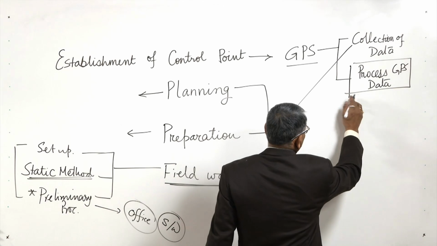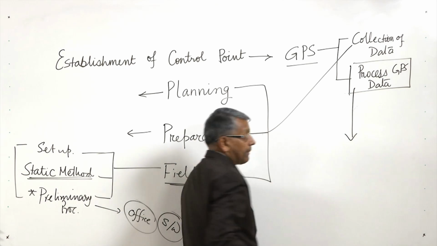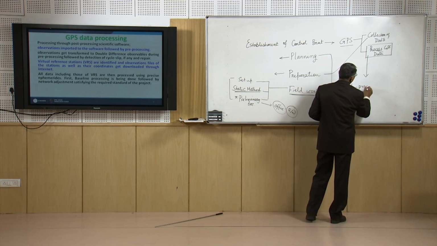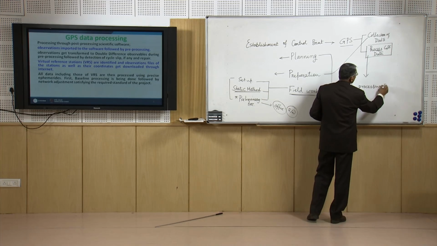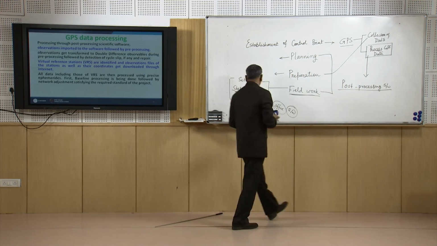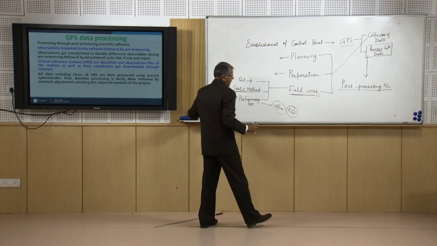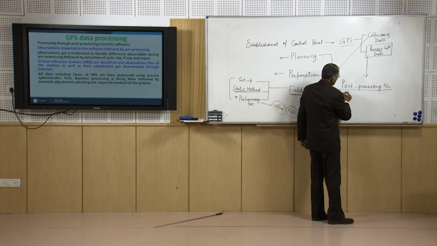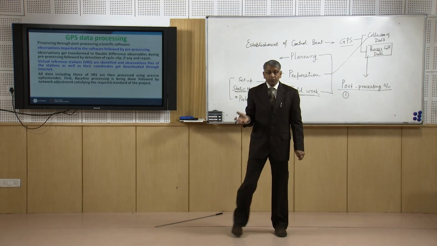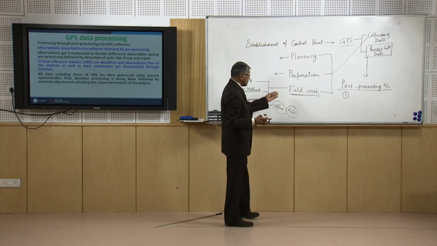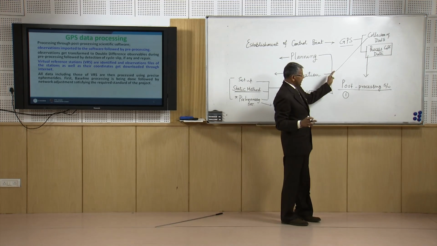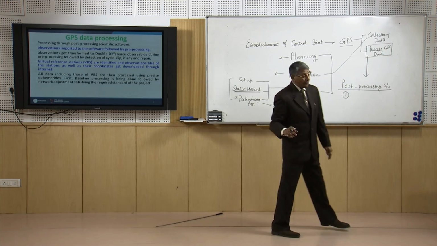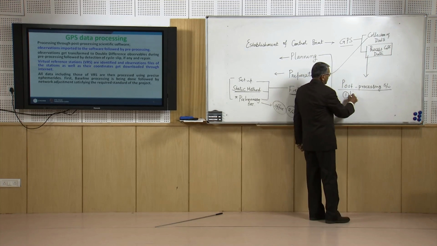To process the data, first post-processing software must be available on the office computer. The first thing we need to do is to import the data from the GPS receiver to the computer memory and then to the pre-processing software, and we should go for pre-processing.